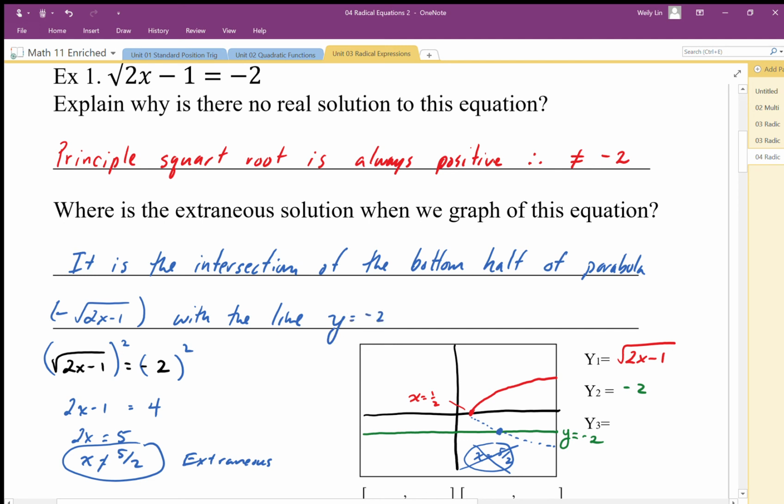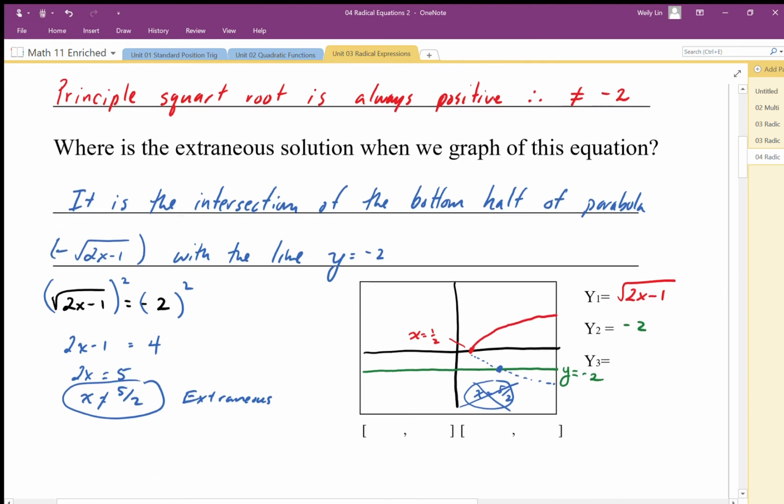So if the bottom half of the parabola, which doesn't exist, intersects with the line y equals negative 2, there is where the extraneous solution would be on the graph.